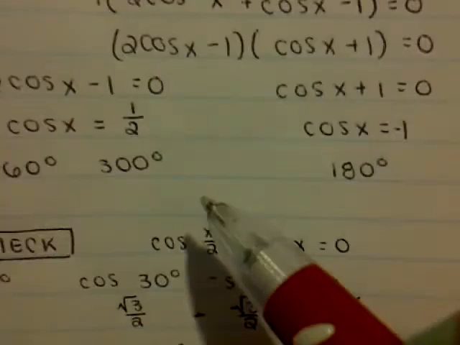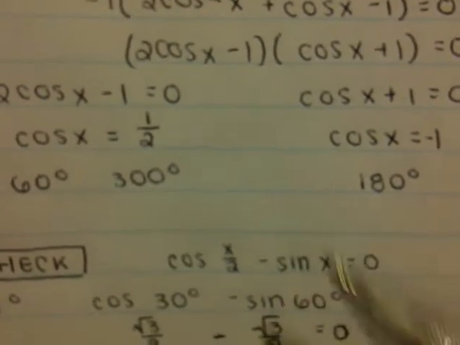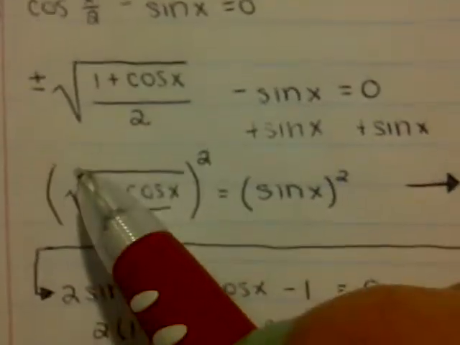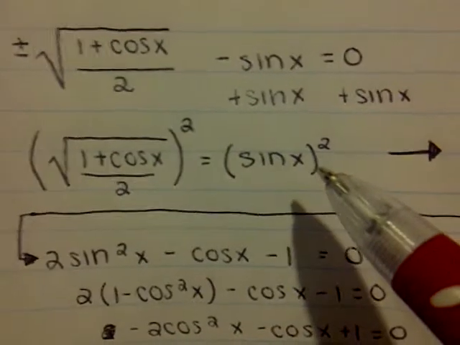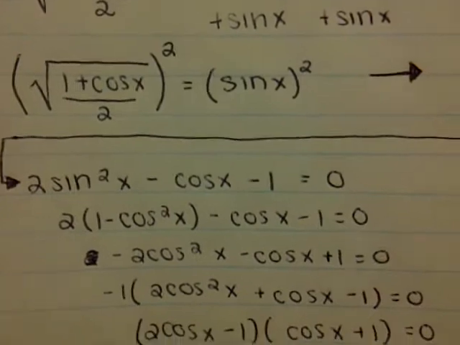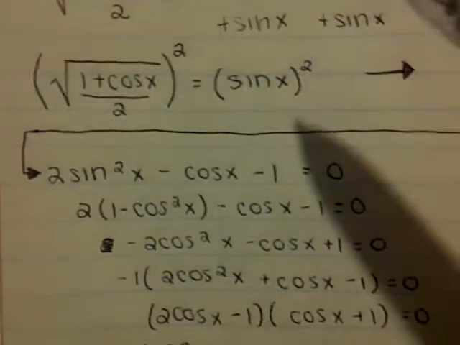But before you can say that these are your answers, you have to check for extraneous solutions. You have to check for extraneous solutions because since we squared both sides in the beginning, it can give us many answers that won't be true and won't work for the equation.